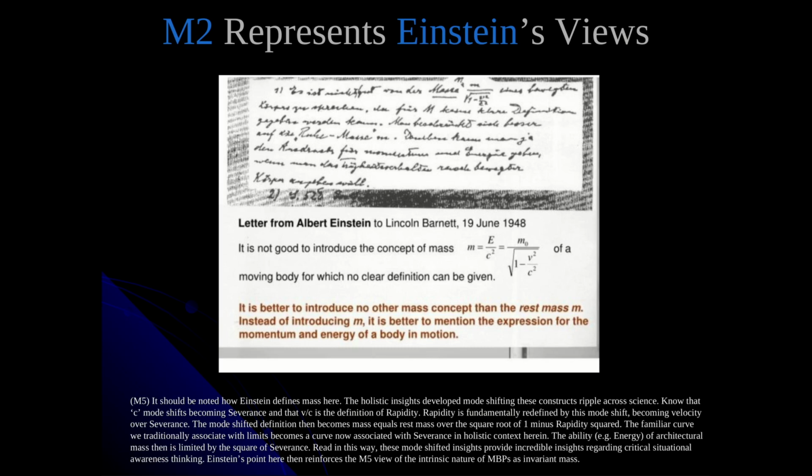And so when we realize the mode shifted insight of this, it becomes rest mass over the square root of 1 minus rapidity squared, and rapidity squared properly read then is velocity over severance. And so we have an incredibly different set of insights that come out of this when we mode shift these concepts.